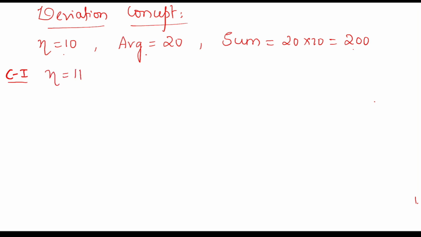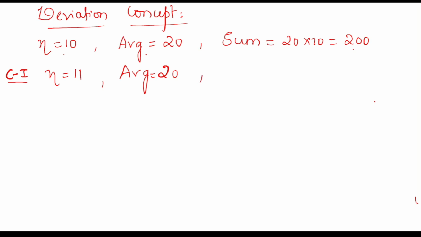If that child also brings 20 sweets with him, then the average will remain the same, 20. How? Let me see that.